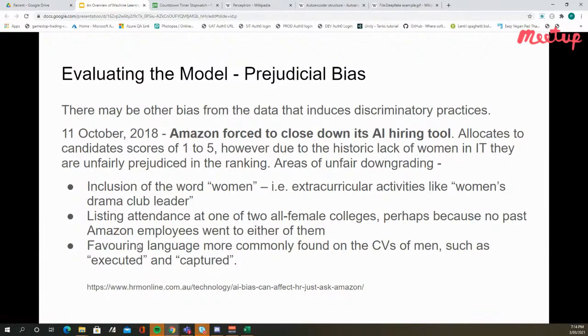Favoring language which is more commonly found on the CVs of men, such as power words like executed and captured, etc. The AI tool, the model, picked those up and because they have more men in their hiring practice in the past who use those words, they ended up being boosted up the rankings. And women ended up being unfairly prejudiced because they didn't include those words.